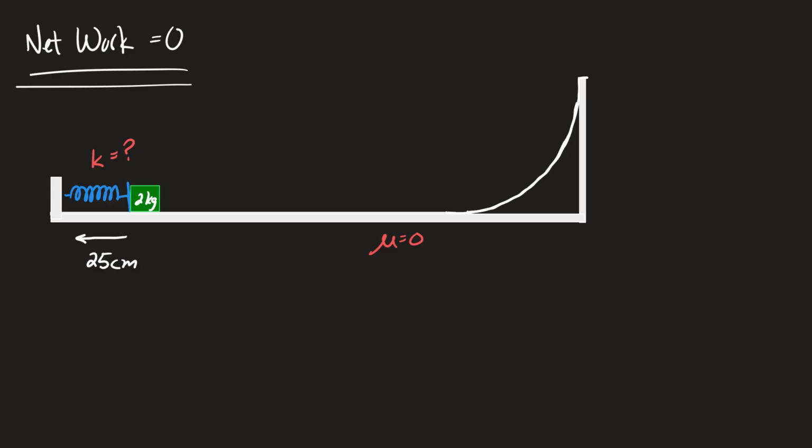Okay? The box shoots up and makes it to a point that is 1.25 meters above the ramp.